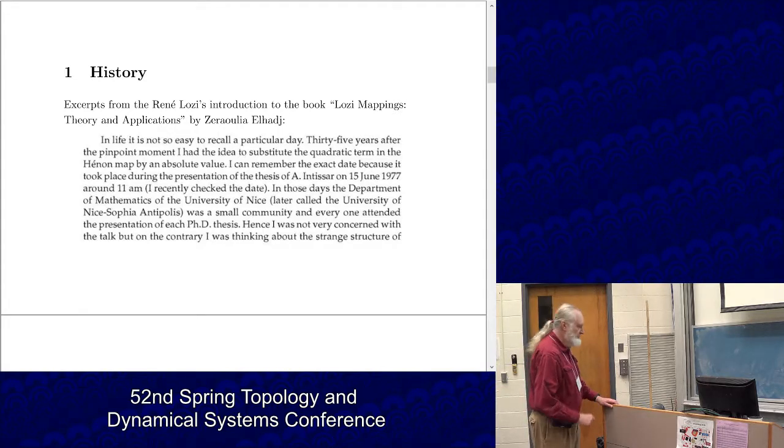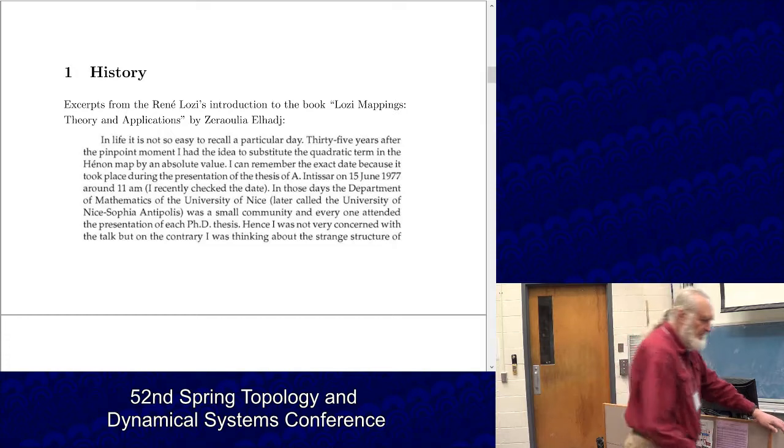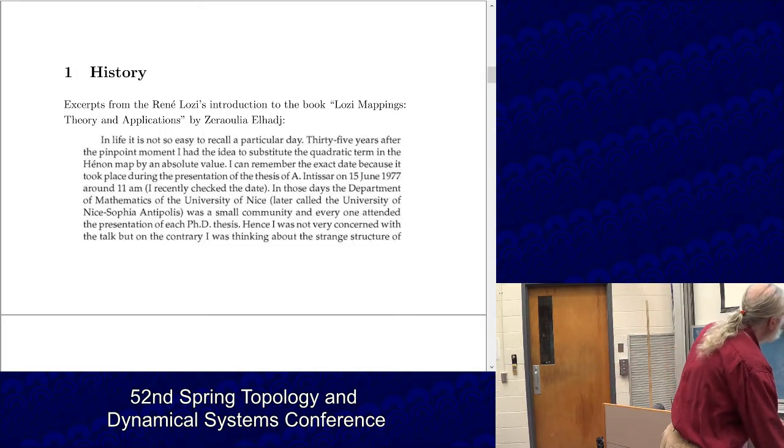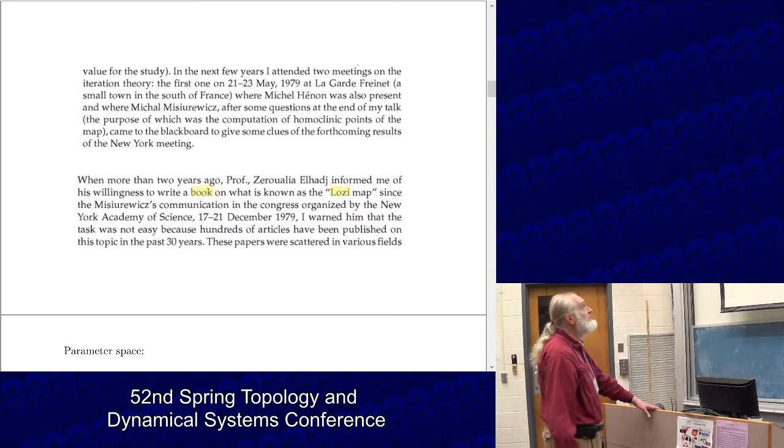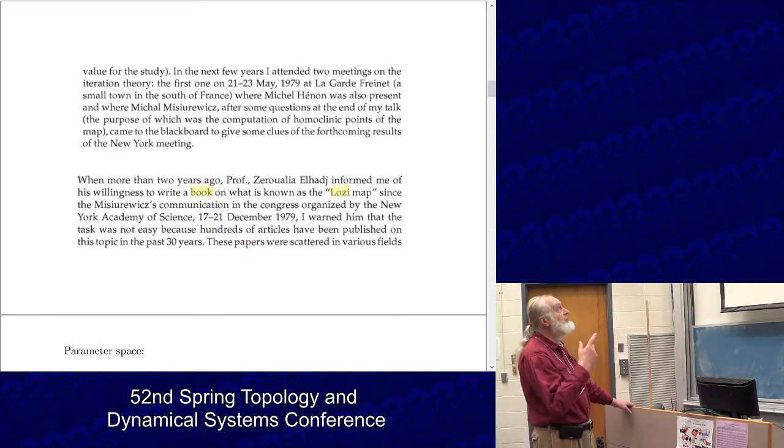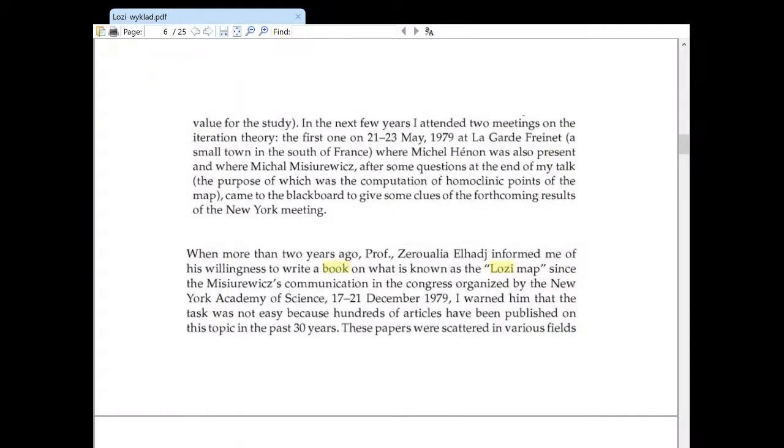Okay, so this is one thing. Now some more information. This is not a continuation of the slide. This is from a different place. The second thing is that there was a meeting in France. At that moment I was spending one year in France, so Michel Hénon was there and also René Lozi, and Lozi was giving a talk.